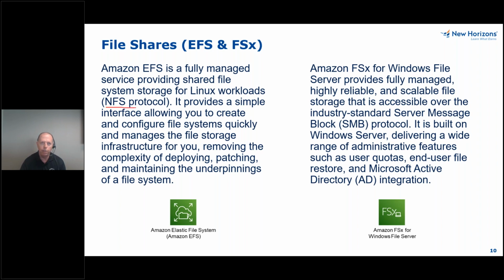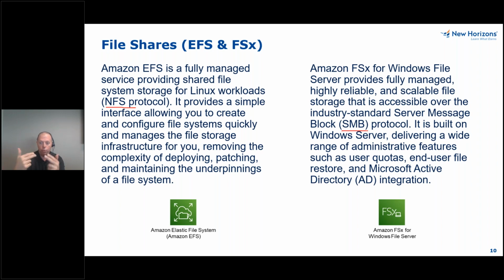My Linux and Unix admins know what that means. Or it could be a Windows share, that's the SMB protocol. Well, either one of those scenarios, the answer in AWS is yes. EFS, the Elastic File System, is an AWS service that allows us to create NFS-based shares. So I got a bunch of Linux machines.